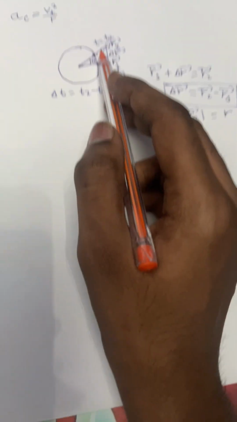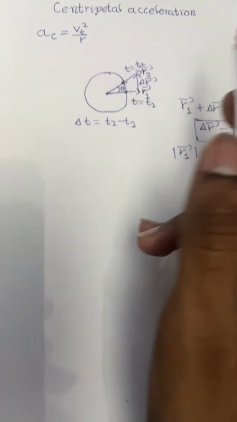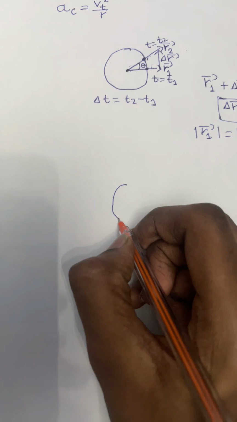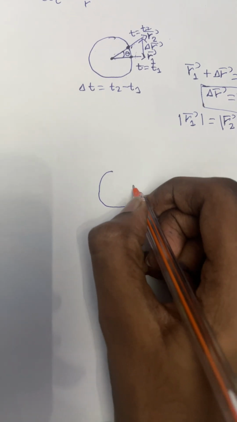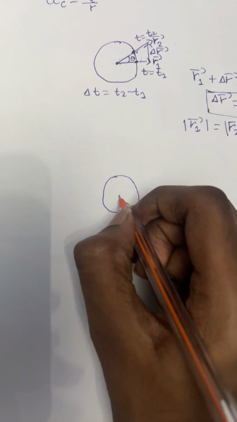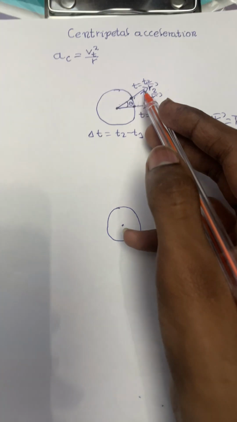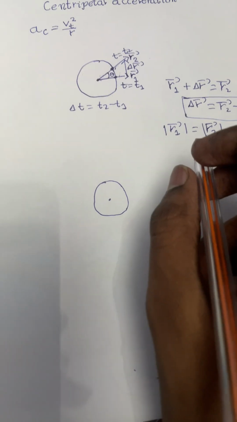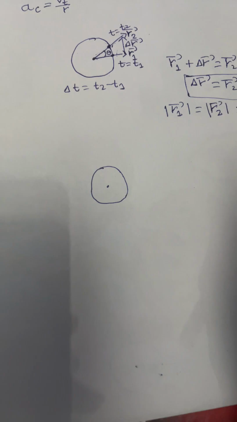And now what other vector can we consider? Velocity vectors. So again, draw the same circular motion, but now we are going to do the same thing for velocity vectors.